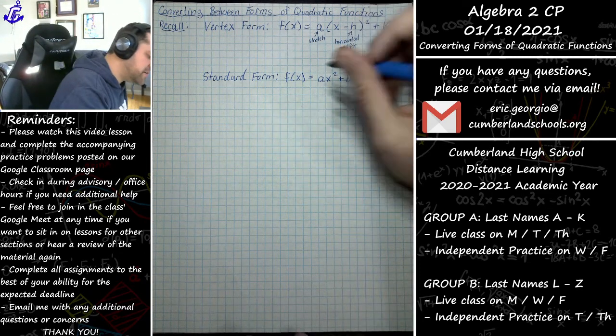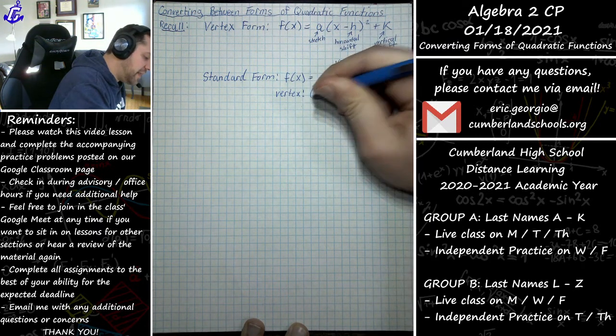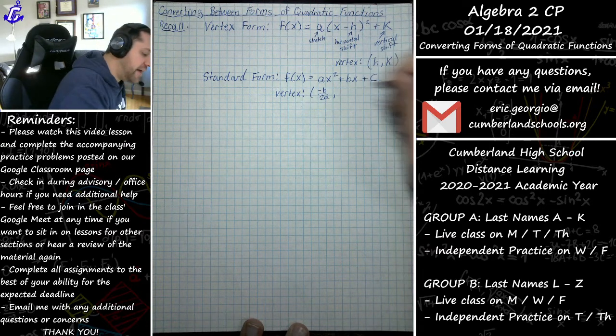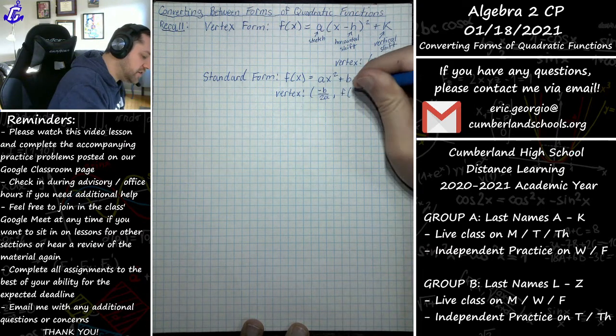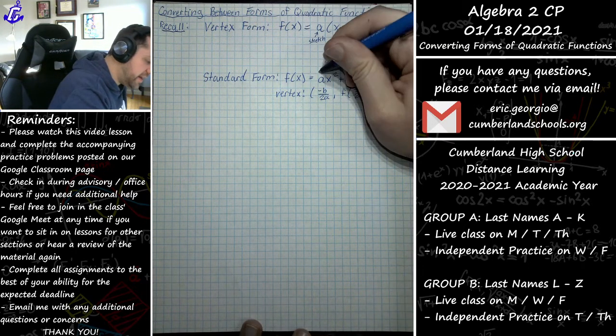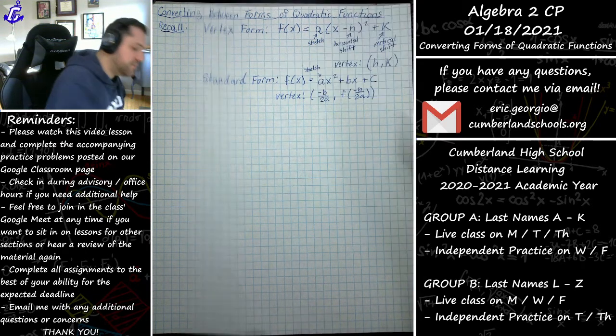But regardless, we can still find the vertex of something in standard form by doing negative b over 2a, and then taking that value and plugging it back into the function to get its matching y-coordinate. In other words, f of negative b over 2a. All right, and again, just like in vertex form, this a value is the stretch.